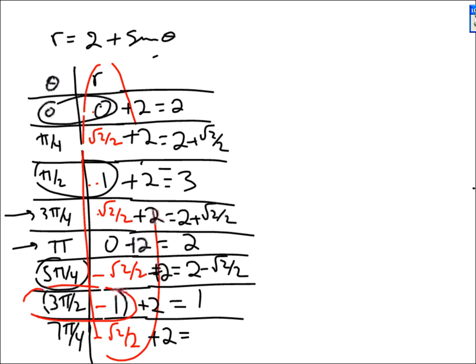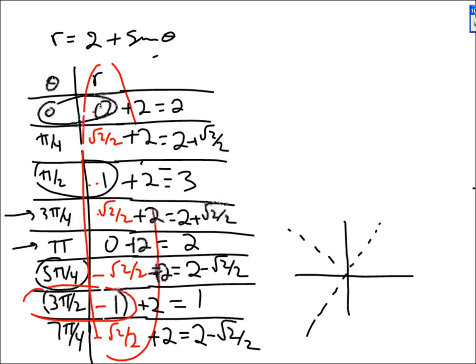You add 2, you get 2 minus square root of 2 over 2. Now, for every angle, before we got that. Well, what should we get now? I mean, we can just plot this all over again.